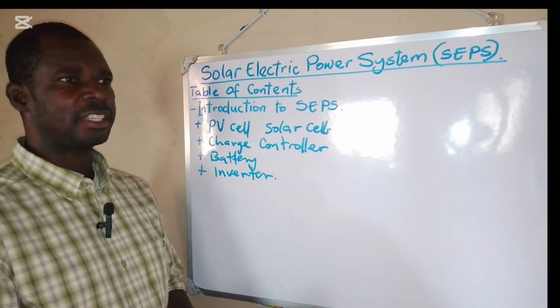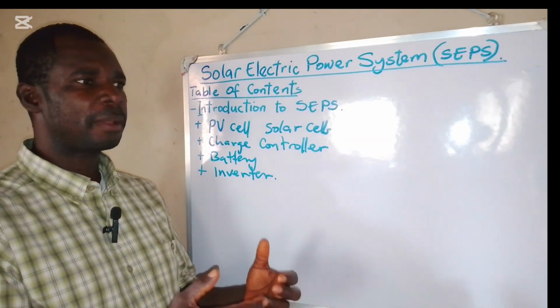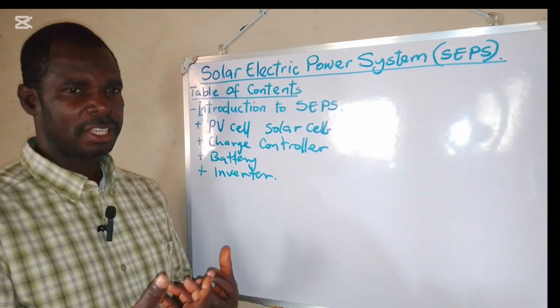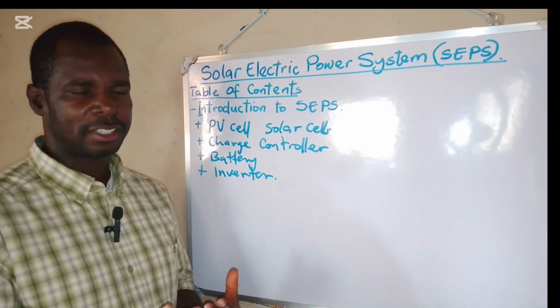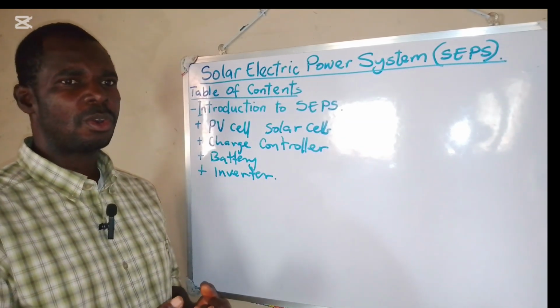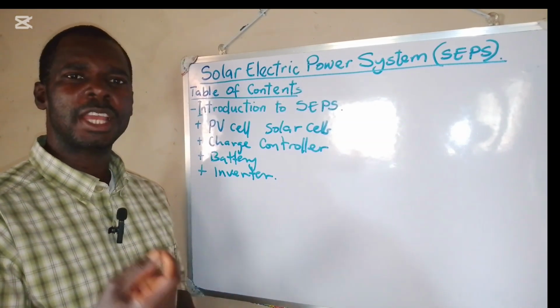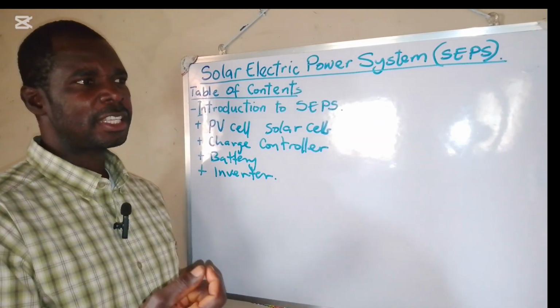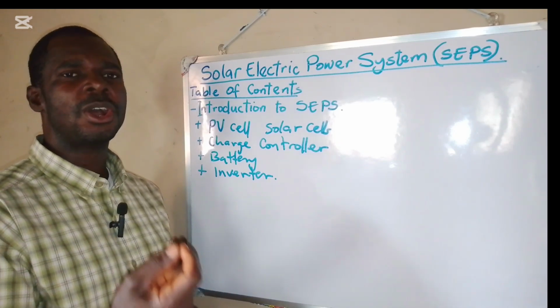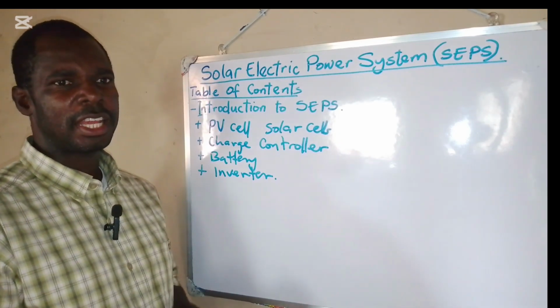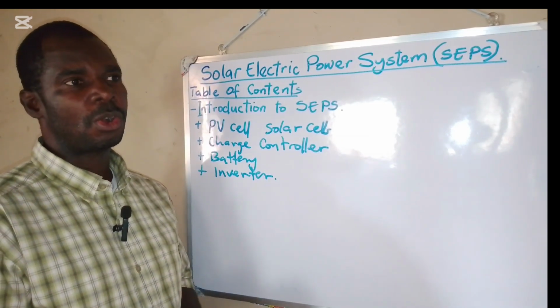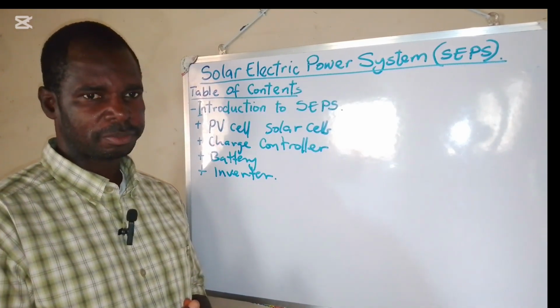This consists of power electronics interconnected together to harvest or convert solar power into electrical energy. This electrical energy can in turn be used either at domestic level or industrial level.